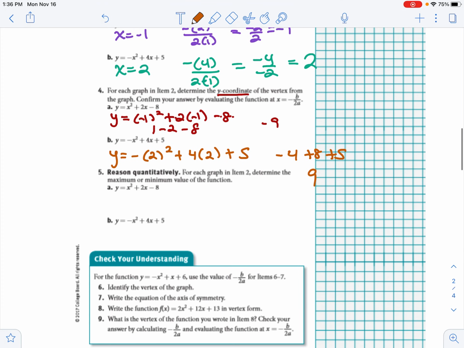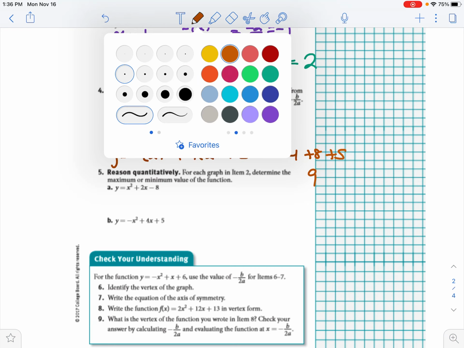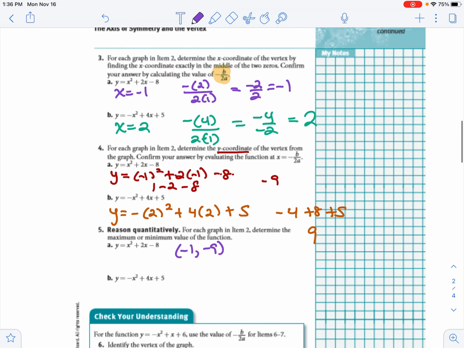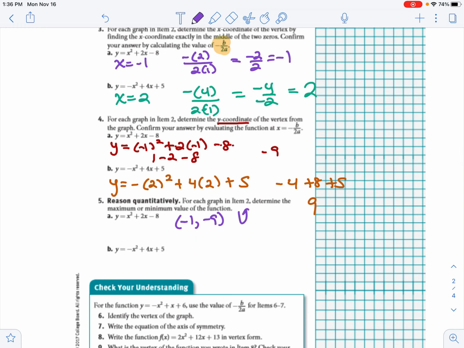Now we actually have the vertex for each one of these. For part A, we have the vertex at negative 1, negative 9. Since this is an upward facing graph, that negative 9 is going to be considered a minimum.